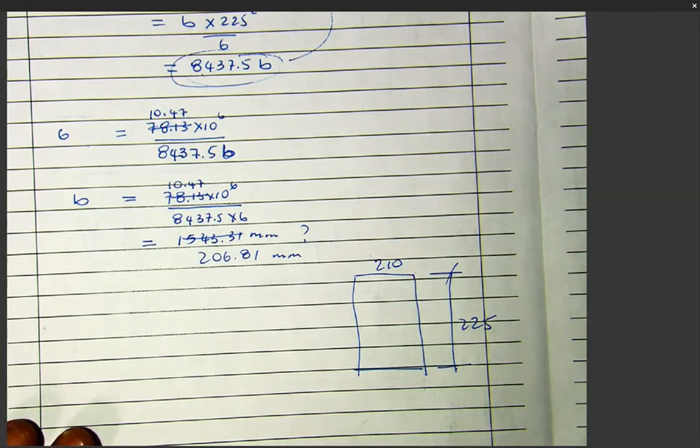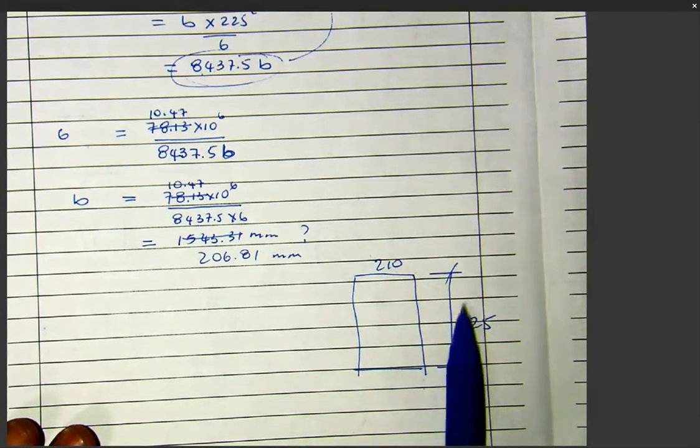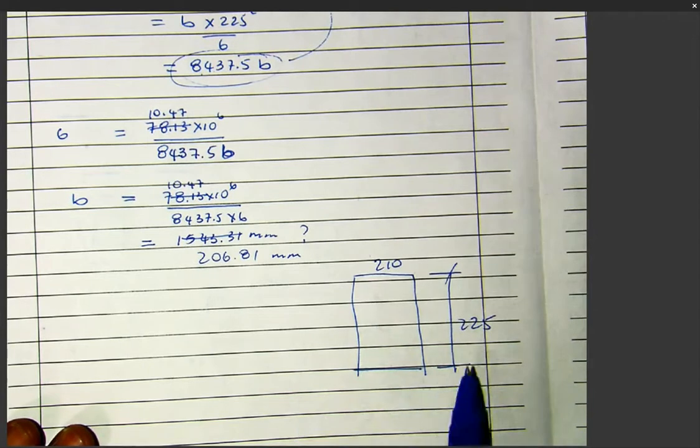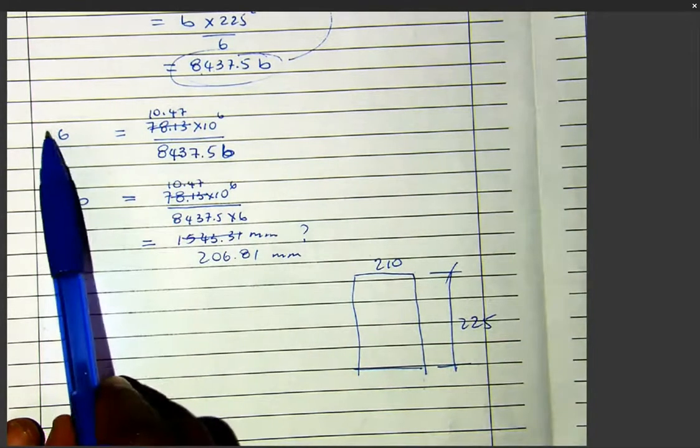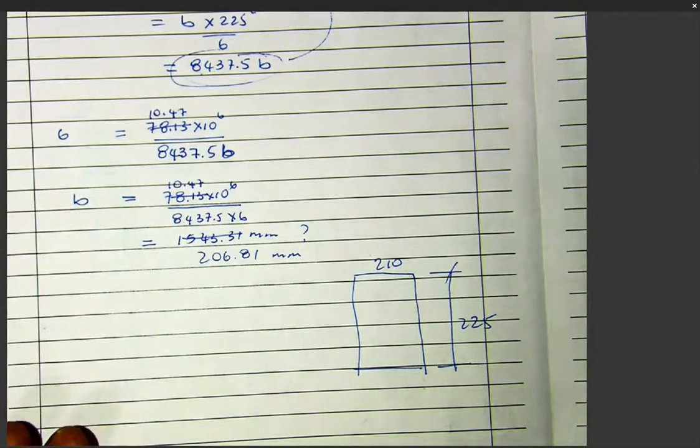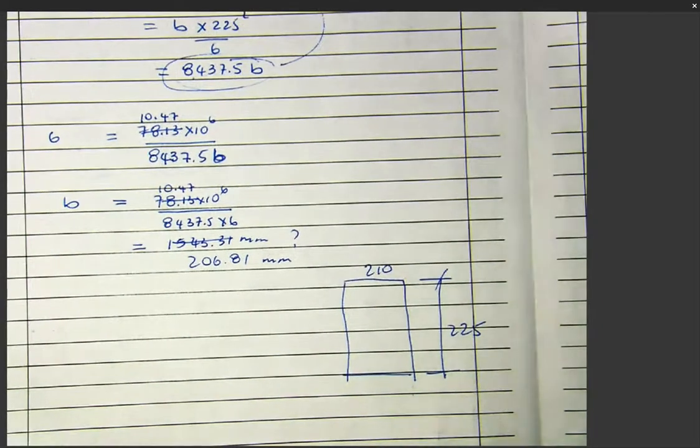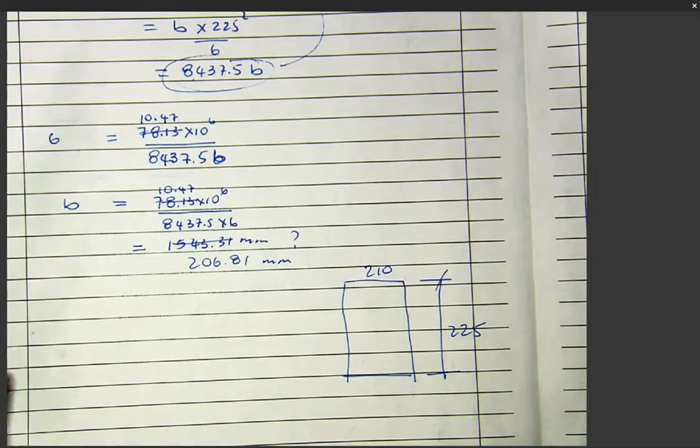Remember, sometimes you will be limited by the depth of the beam. Sometimes you will be limited by the stresses, or by both. For the depth of the beam, you are told that you may not exceed a certain depth, and you're limited by the stresses, that the maximum stress on that beam, at the bottom or top depending on the type of beam, must not exceed 6, for example, or 10.